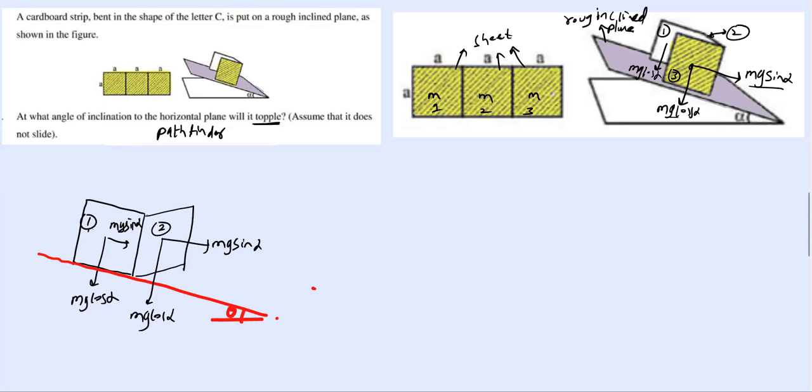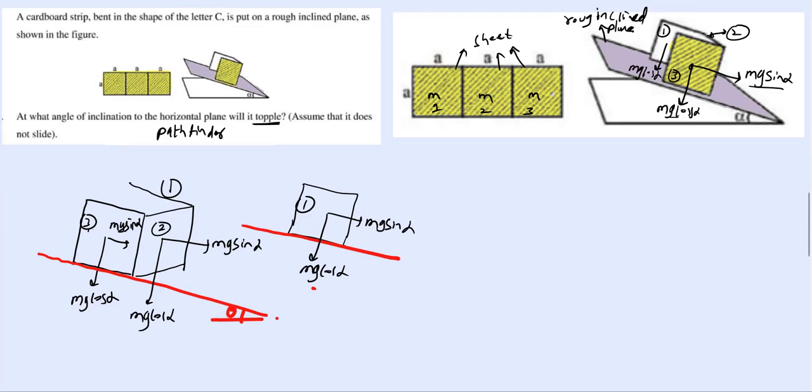For sheet one also, mg sin alpha will act here. Sheet three, this is. Sheet one will be here. For sheet one also, mg sin alpha. I'll show sheet one separately. Again, this will be the inclined plane. Okay, agreed.